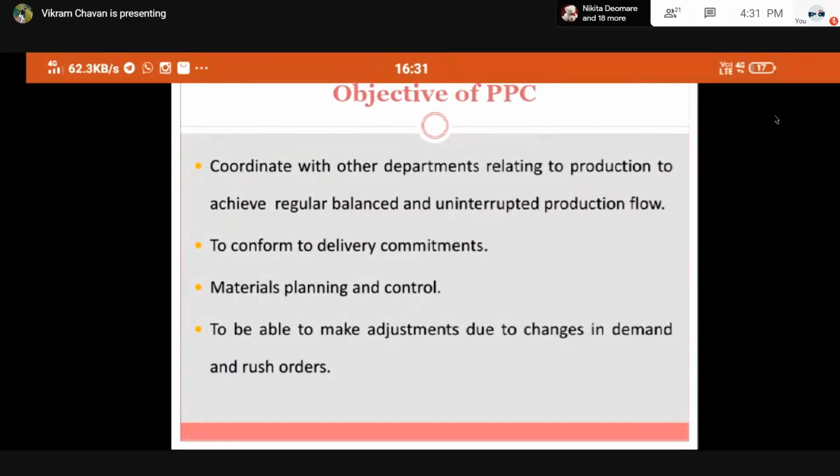Actually, we have discussed that optimum utilization of resources is the most important part to increase productivity.